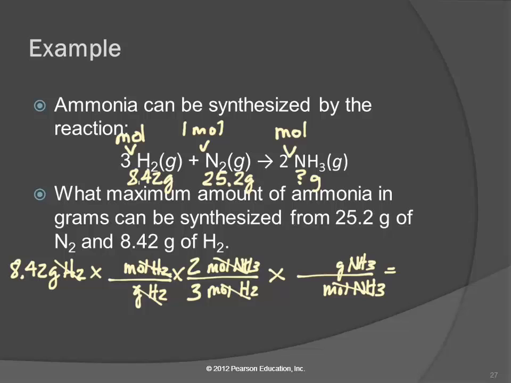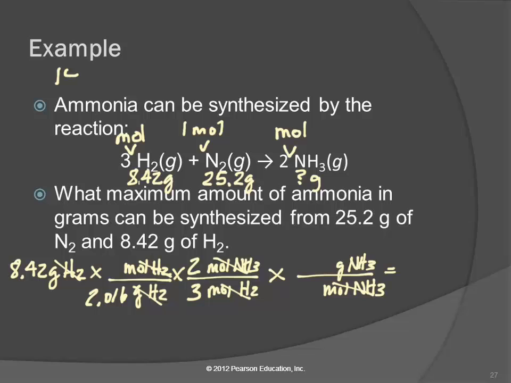Then we need the molar masses for hydrogen and for ammonia. In these, we take the formula H2. There's 2 hydrogen atoms in 1 molecule. There's 2 moles of hydrogen in 1 mole of hydrogen gas. And so that's going to be 2.016. This is 1.008 times 2. I'm going to do the other one up here on the top.